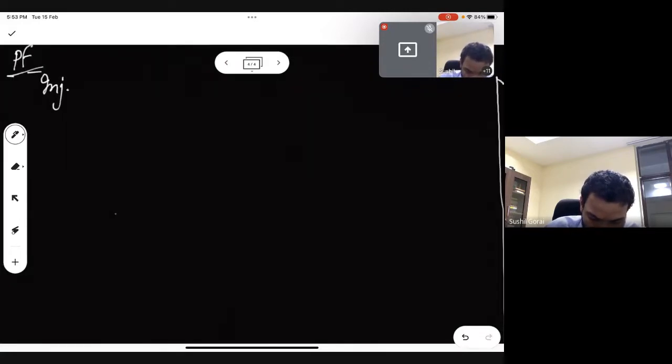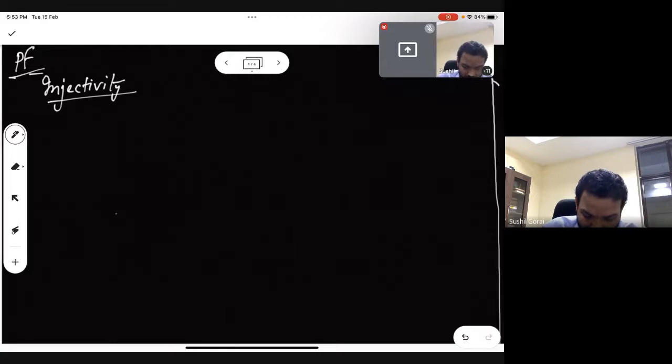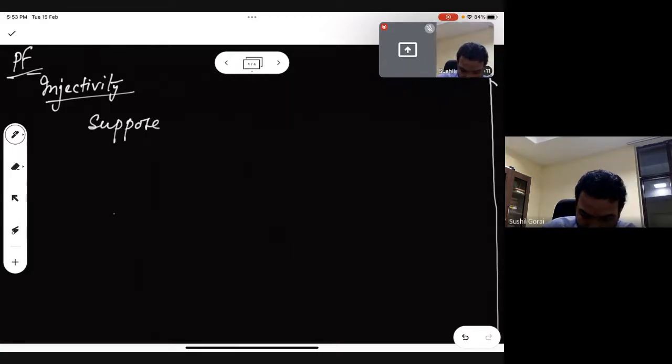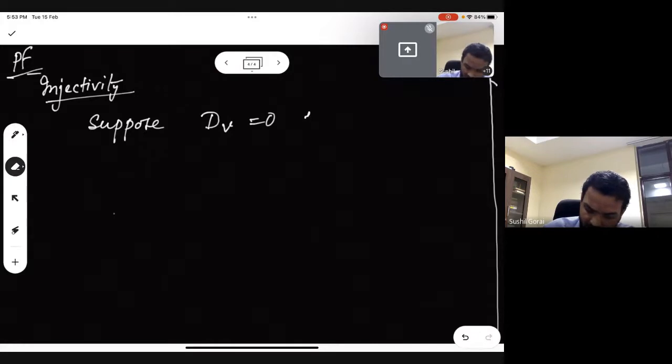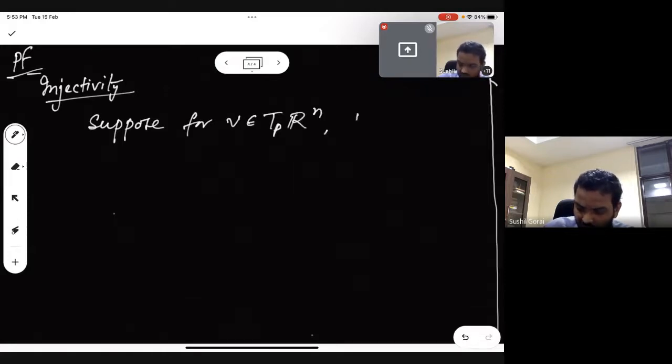So, injectivity proof. Suppose the derivation Dv is 0. For v belonging to Tp(Rn), Dv is 0.